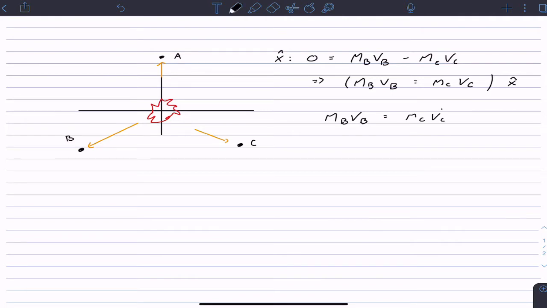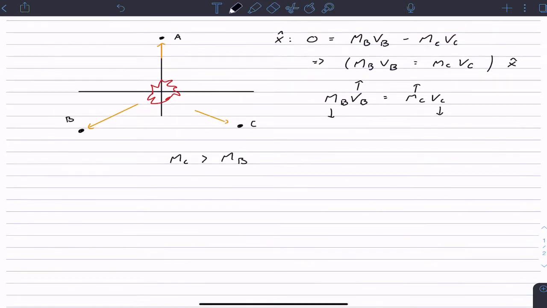What I mean to say is B velocity is larger than C velocity. So in order for this to be greater than this one, that means that this mass has to be higher than this one in order to conserve momentum. So that means that mass C is greater than mass B.